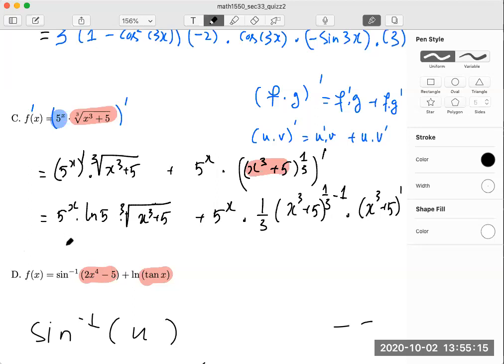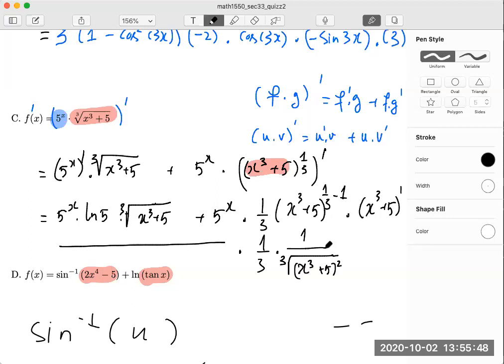Then for this guy, it is so easy. We just rewrite it up to this point here, 1/3. And this one, 1/3 minus 1 will be, yes, negative 2/3. And the negative sign means we can bring it down to the denominator, which will be the cube root of x cubed plus 1 squared.